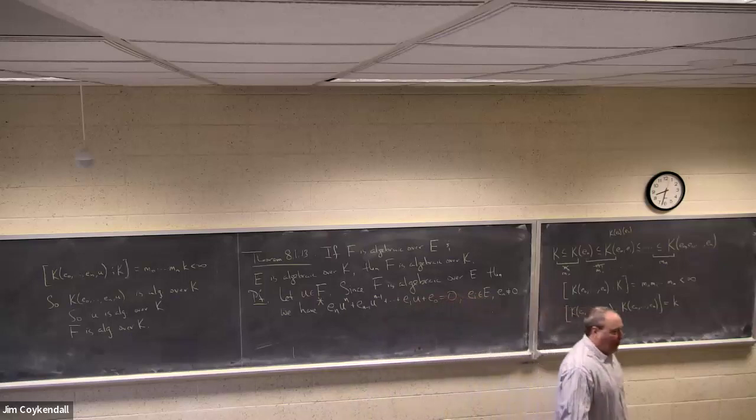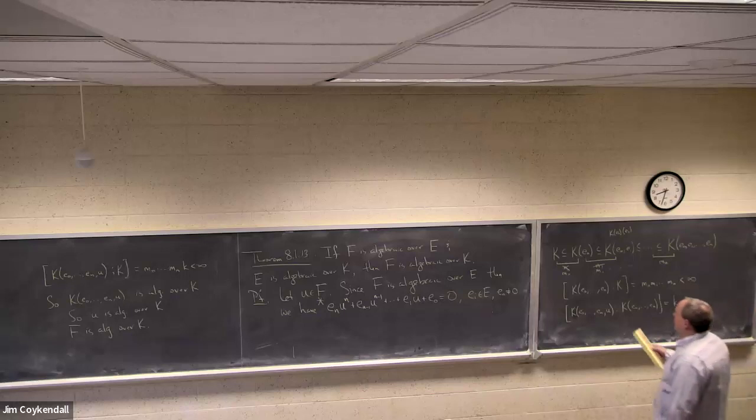Notice nobody wants to write these polynomials. Your first instinct is that they've all got some polynomial, but that's really kind of clunky. Using this theorem about degrees of field extensions, we can get algebraicity without having to actually write down the polynomial, which is a good, powerful tool.